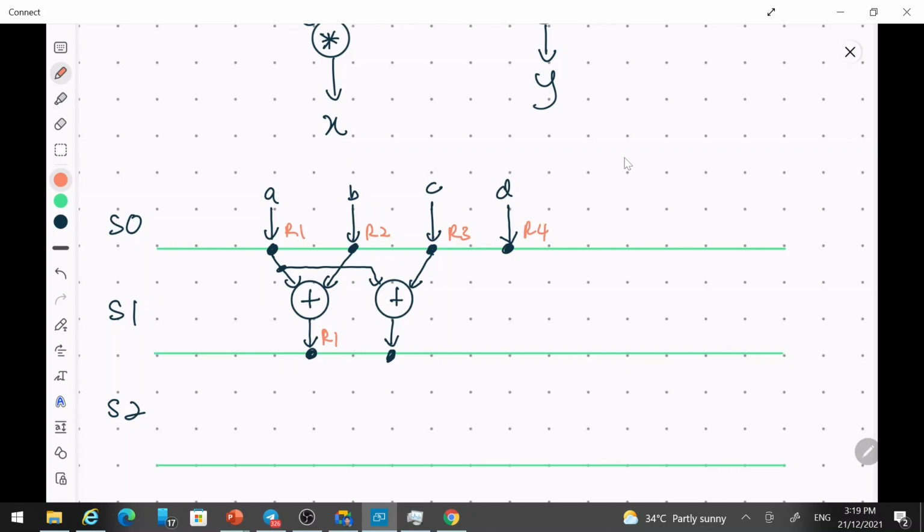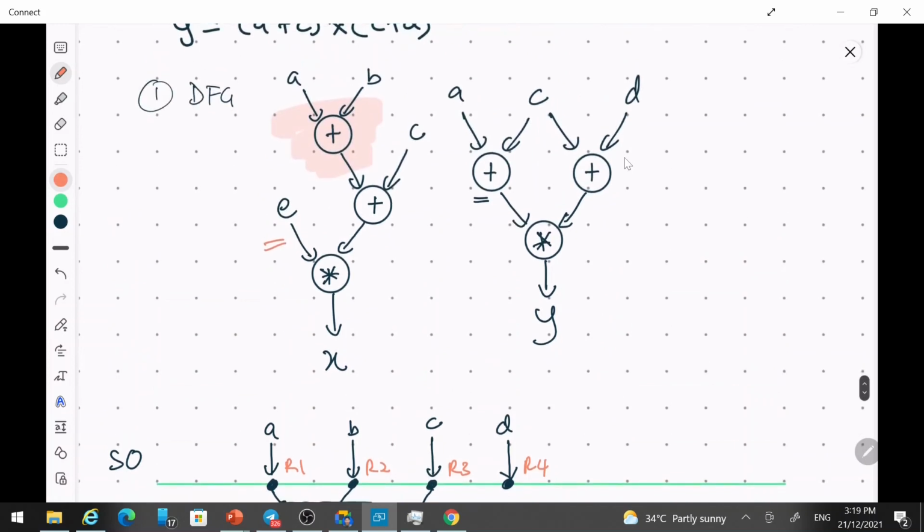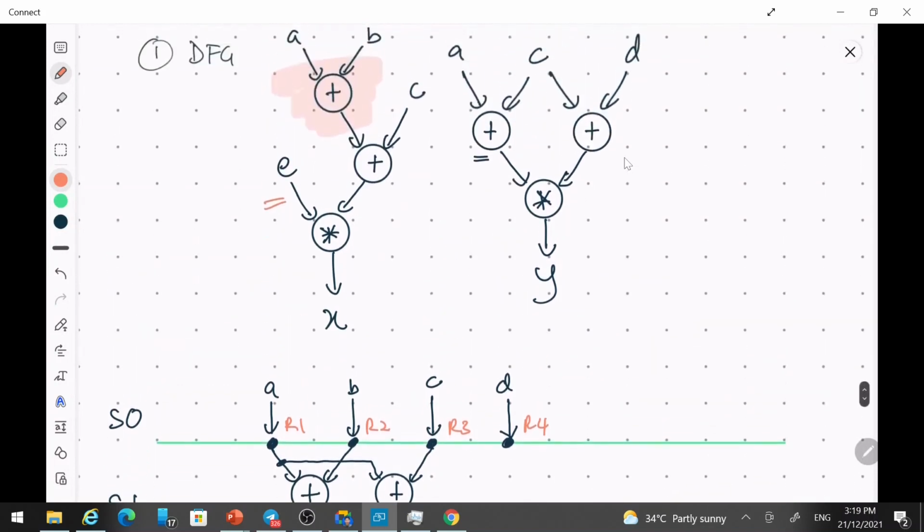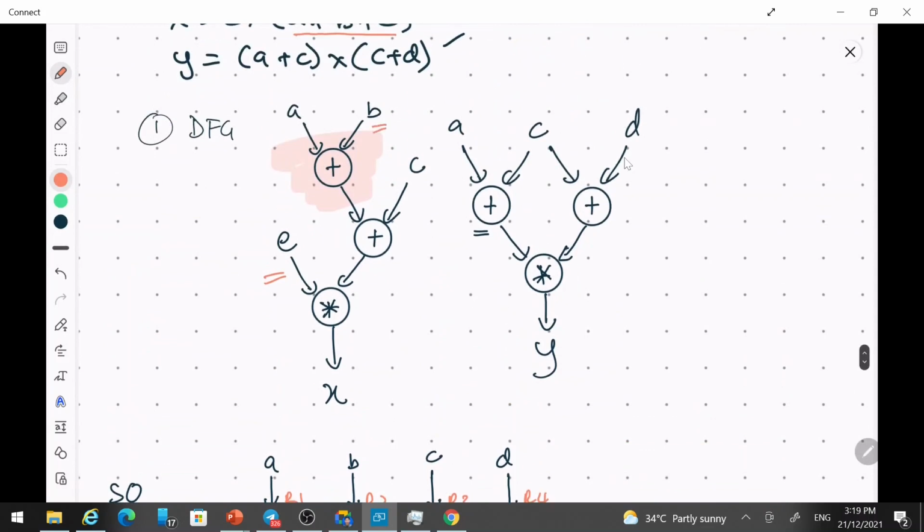R1, and C, because C is needed here in the next operation, so R3 we need to preserve. So for this operation we can use R2, because R2 is B, right?